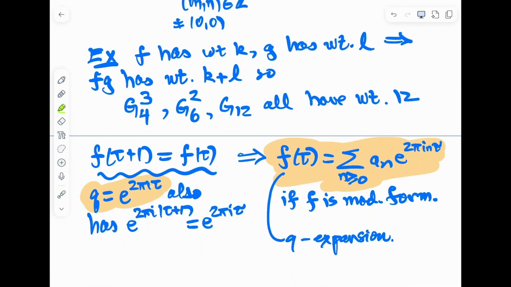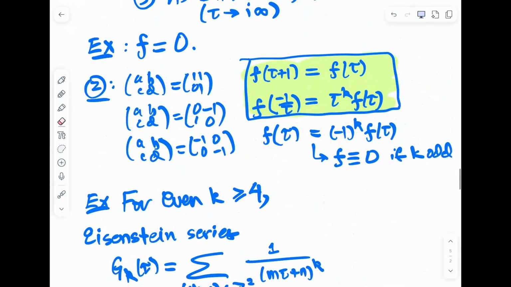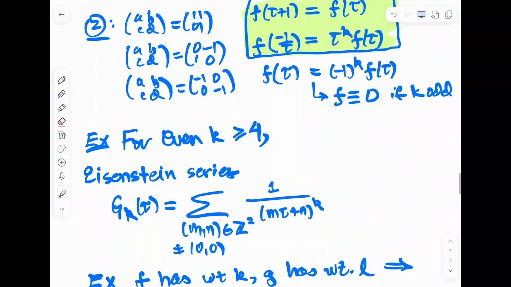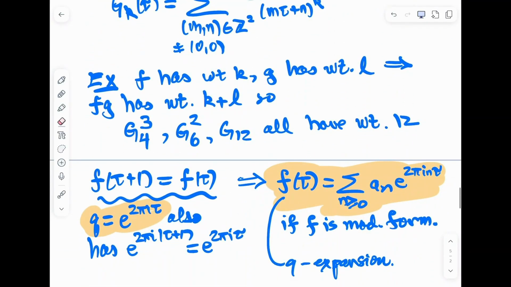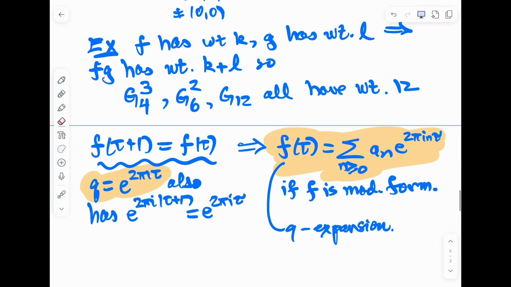If you wrote down a random power series, it is not going to be a power series for a modular form. So this only comes out of the periodicity condition. The other condition, behavior under minus 1 over tau, is totally opaque from the viewpoint of: here is a power series, is it the power series for a modular form? I don't know, right? It's not at all clear.